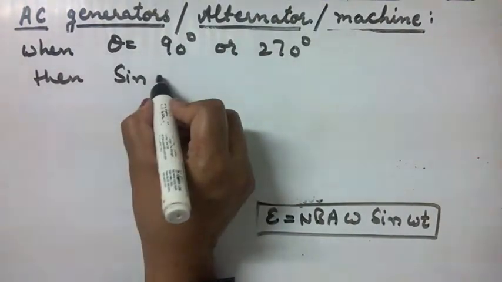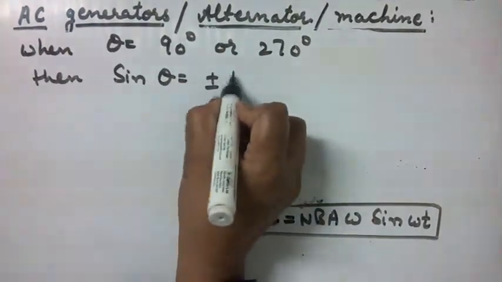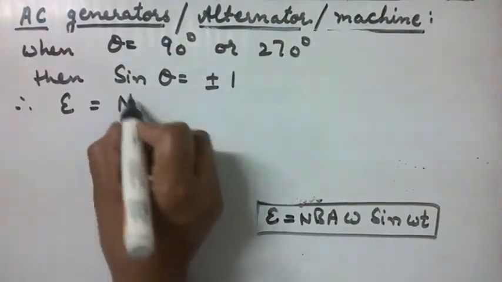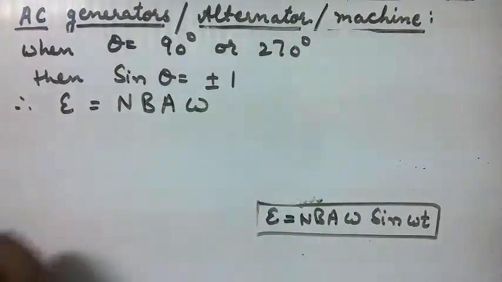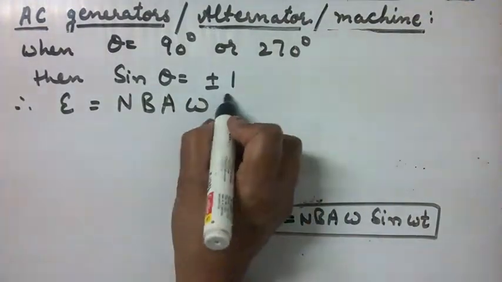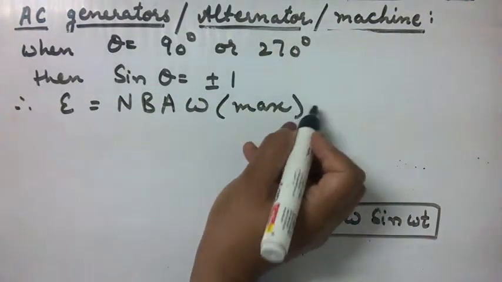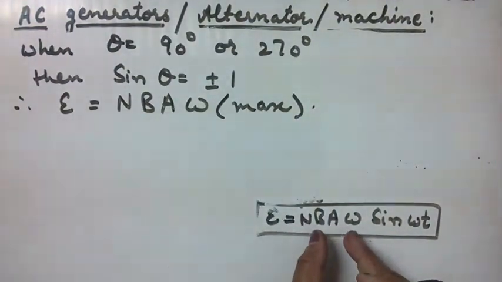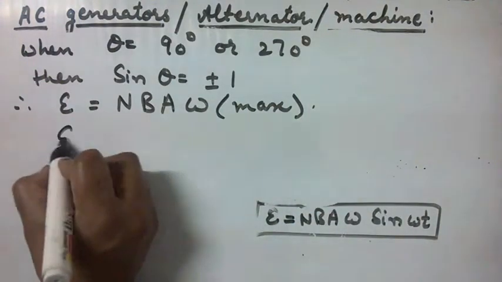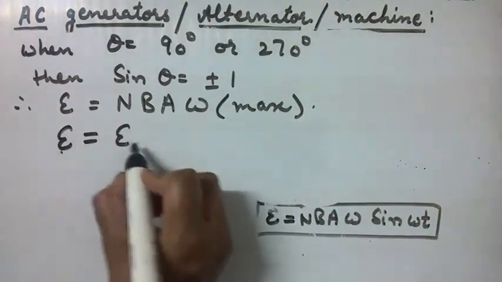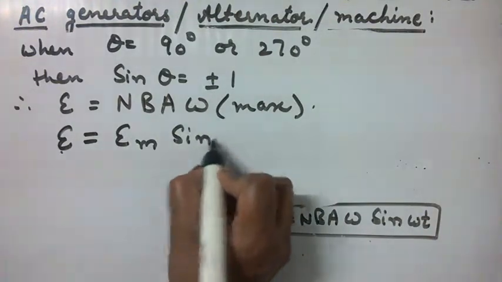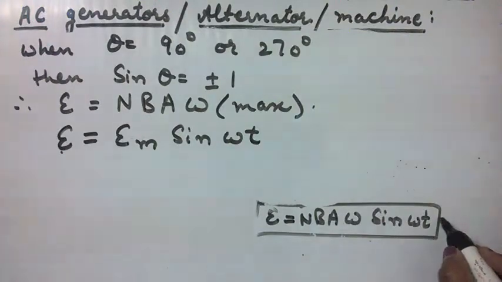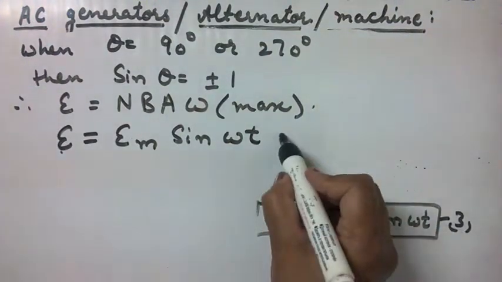Therefore, instantaneous EMF is equivalent to NBA omega, or maximum. So here we can write NBA omega as equal to its maximum value, therefore instantaneous value is equal to maximum value into sine omega t. Give it equation number 3 and this is equation number 4.